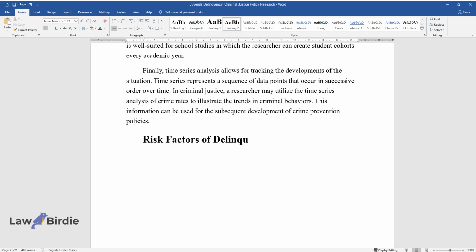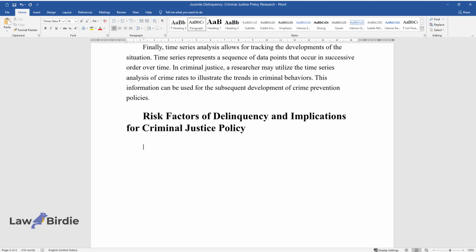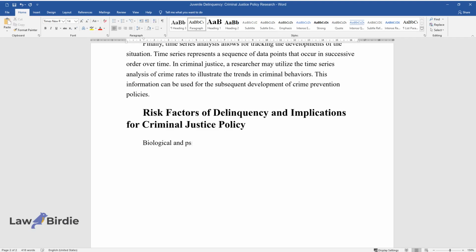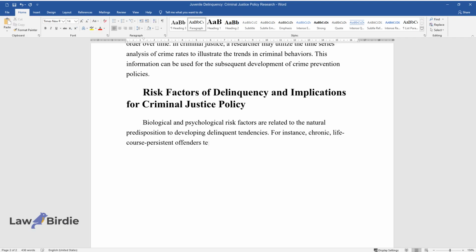Risk factors of delinquency and implications for criminal justice policy. Biological and psychological risk factors are related to the natural predisposition to developing delinquent tendencies. For instance, chronic, life-course persistent offenders tend to have multiple biological vulnerabilities.